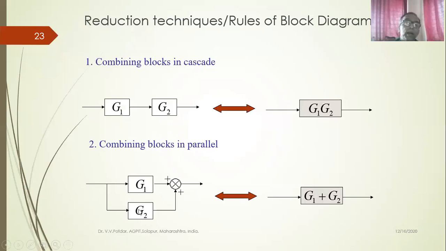G1 and G2 are parallel blocks. I have one forward path going to a summing point, and one more forward path joining at the summing point. So what will be the equivalent block diagram? G1 plus G2. This block diagram can be replaced by a single block having G1 plus G2. This is rule number 2.